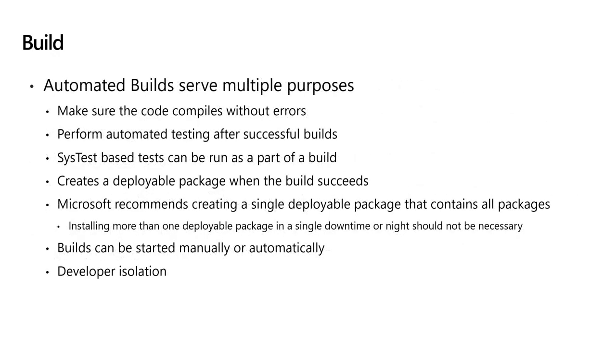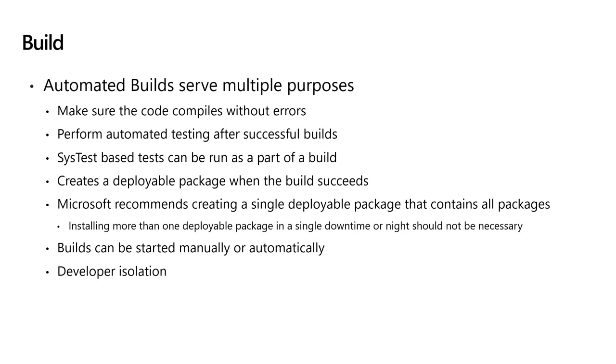An automated build serves a few purposes. They make sure that the code compiles without errors in the dev branch, and they also perform automated testing such as unit tests and sys tests after a build. It creates a deployable package which is suitable for sandbox and production runtime environments.